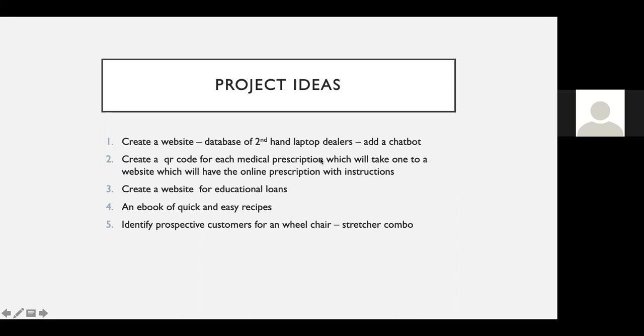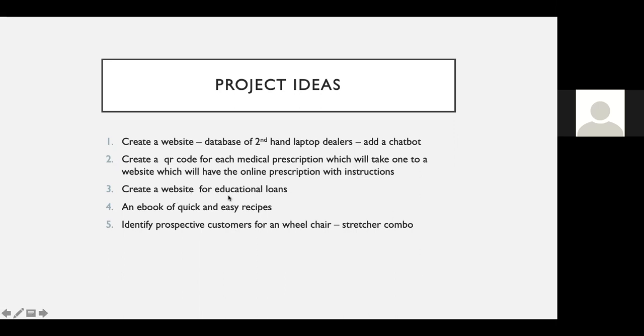That will clearly tell me what medicine I need to take, what it contains, what the alternatives are, and how long I need to take the medicine. So you might have to create a QR code for the medical prescription, which takes you to a website with information on that particular prescription. Think of how useful this will be. This is an idea that I have.